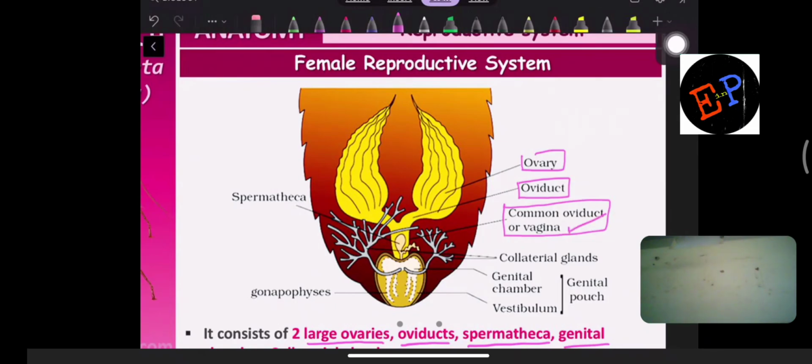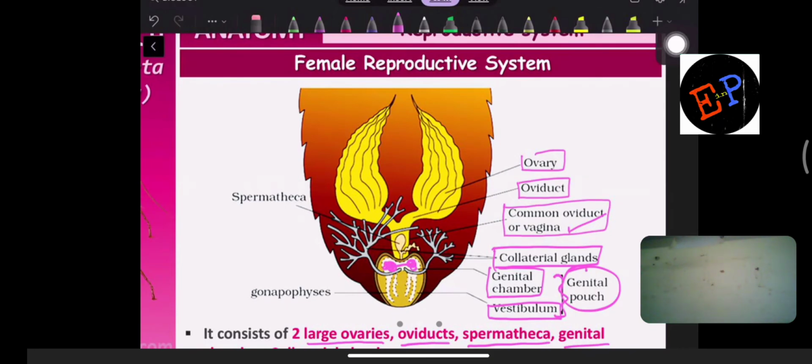Then we have collateral glands, which are responsible for secretions. Then this region we can call the genital chamber. Then the vestibulum is the next structure, and both of them together are called the genital pouch.